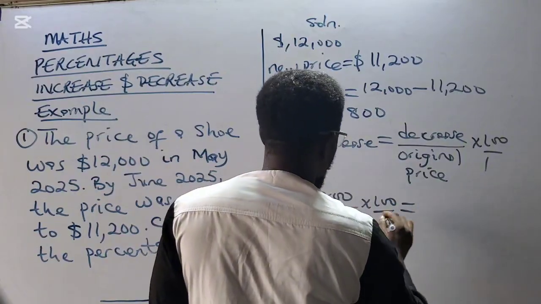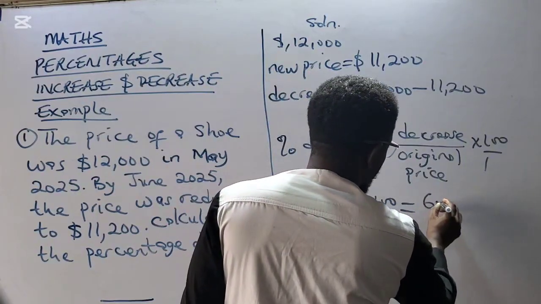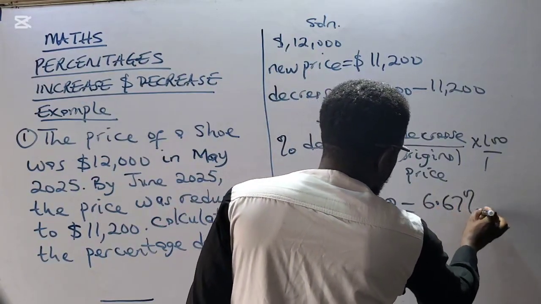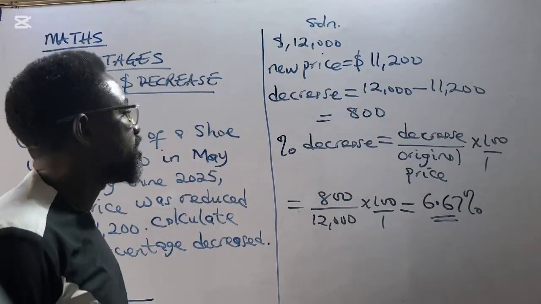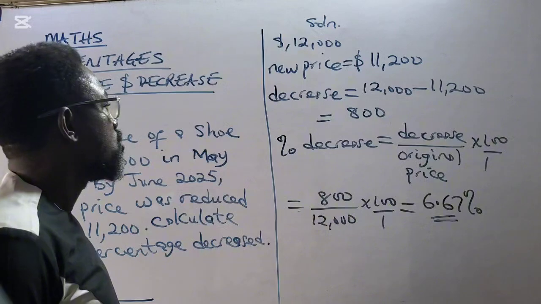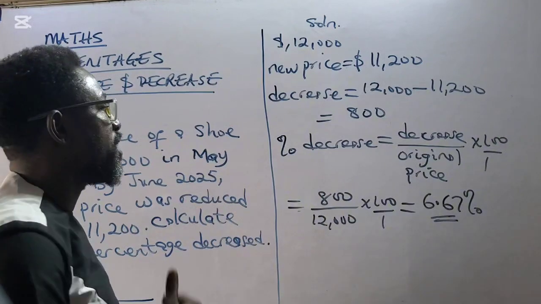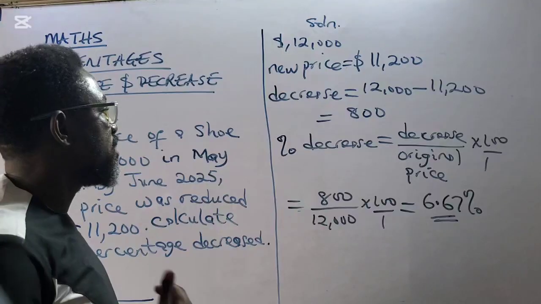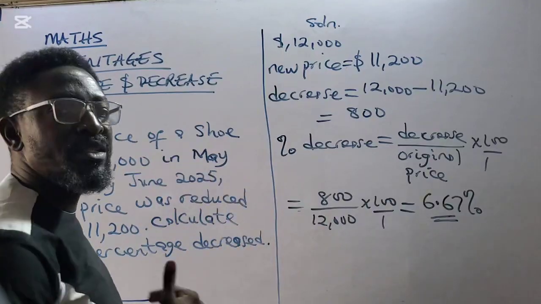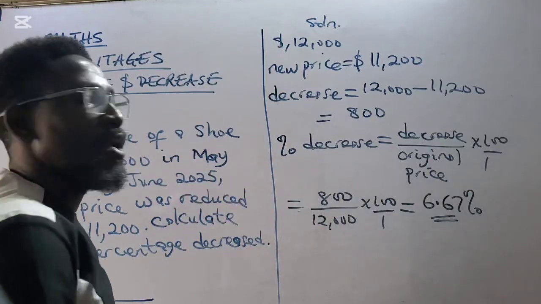We divide this, we get 6.67%. That is the percentage decrease. So if you have a question like this, you choose that formula: decrease over original price times 100 over 1. If we have a percentage increase, that will be increase over original price times 100 over 1.